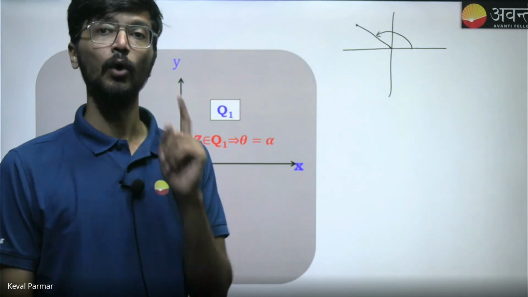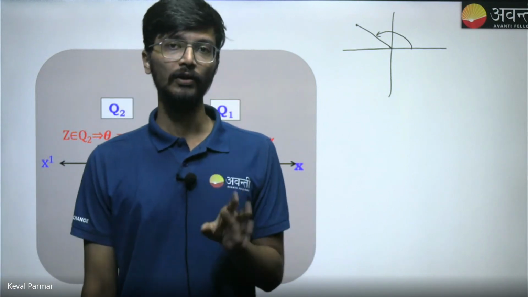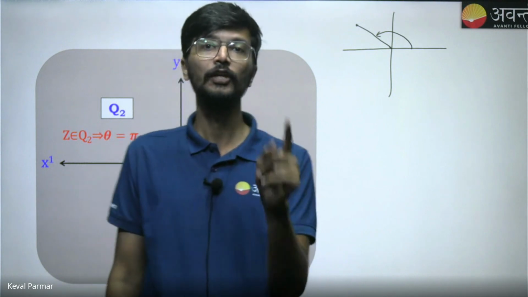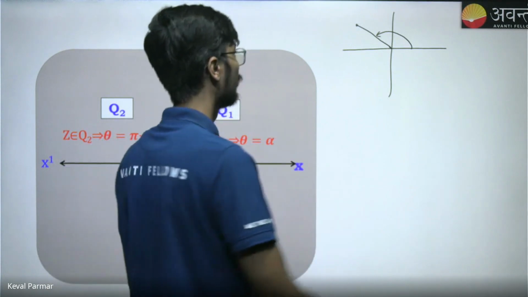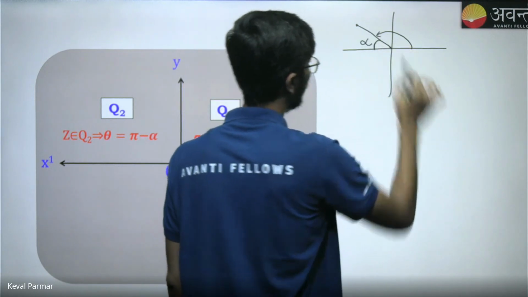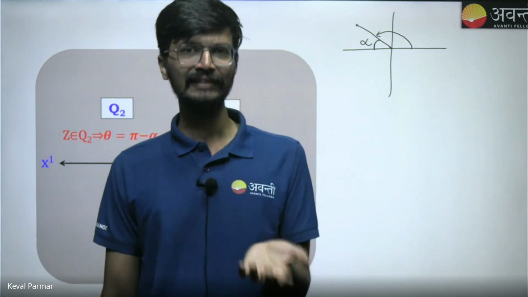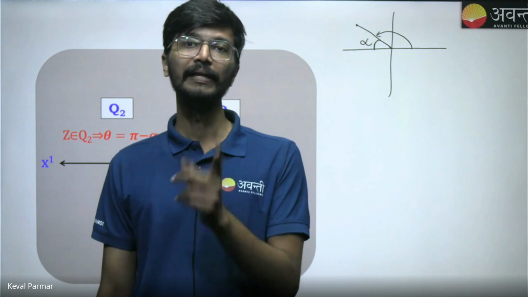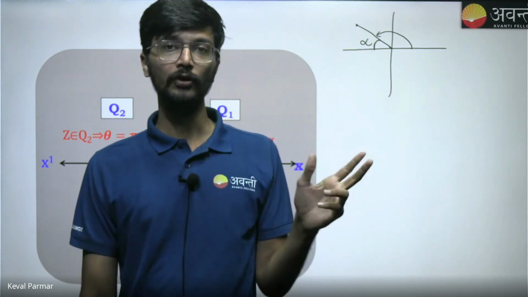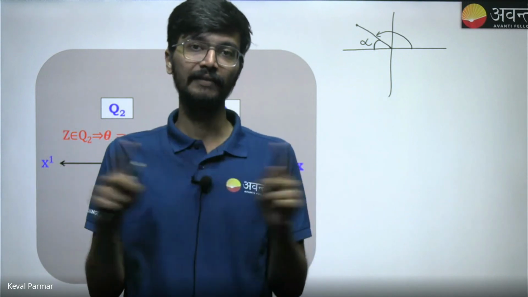right? But what will be alpha? Alpha is tan inverse of modulus. Modulus means alpha is always in the first quadrant. That means alpha is always acute. And if alpha is always acute and this is theta, so this will be the alpha, correct? Because it is always acute, you can say that alpha is the angle made by this segment, by the modulus, with the x-axis.